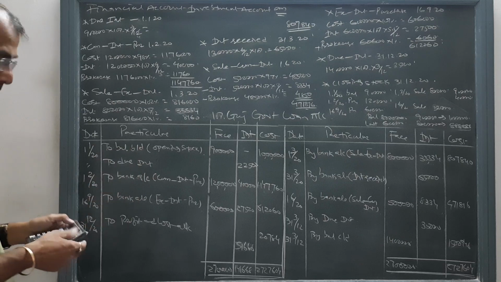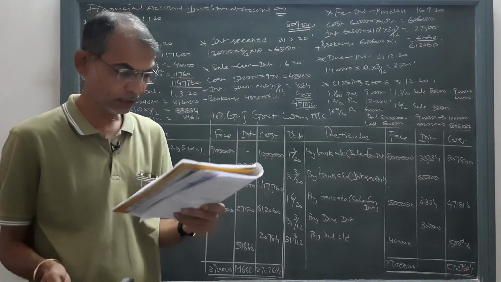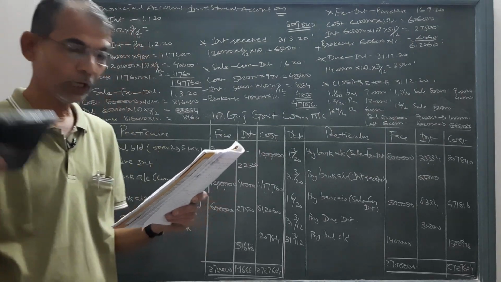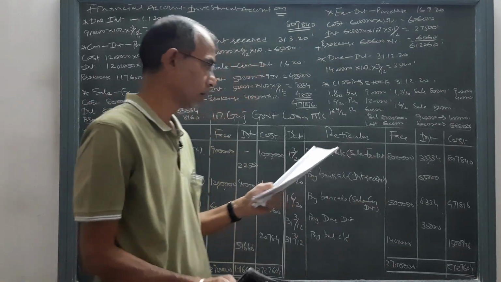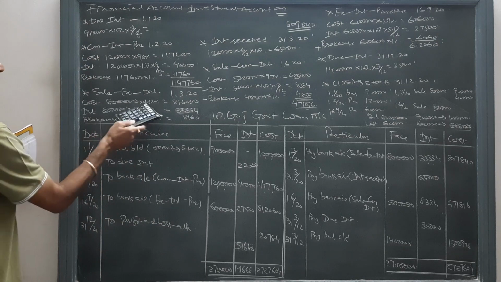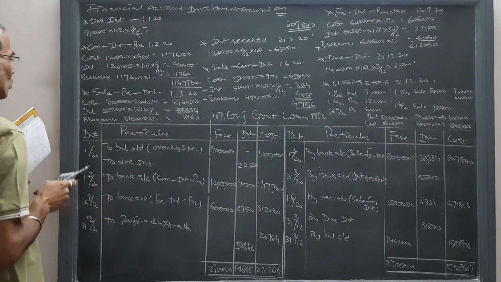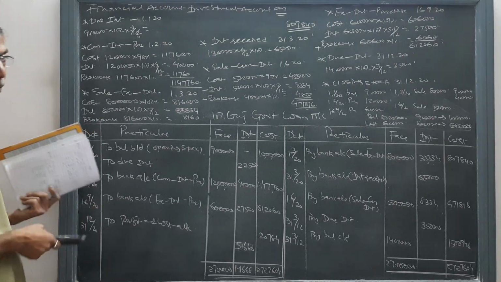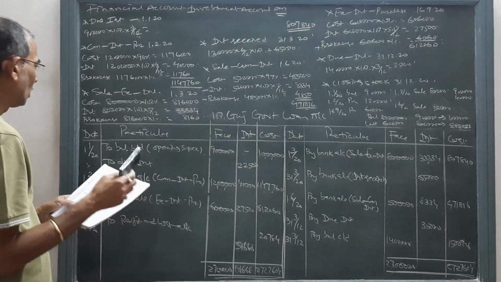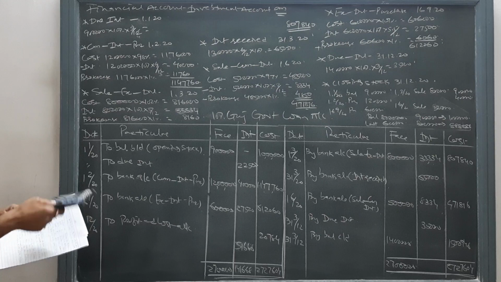That is right. Then after, there is a sale of ex interest securities of 8 lakh at 102%, 8 lakh 16,000, interest 10% for 5 months, that is 33,334.